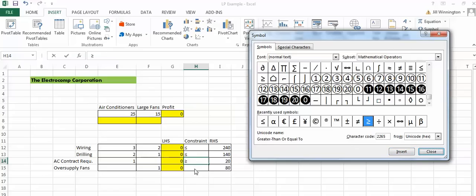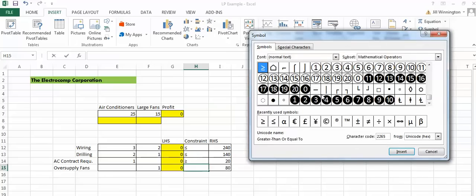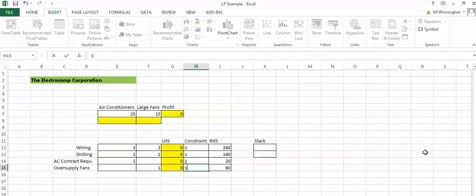And insert, and then my last one here is going to be the same as the top. And insert. Okay, so now my constraints all look very nice, and the last thing I have to do is Solver, and Solver is going to tell me the optimal solution.